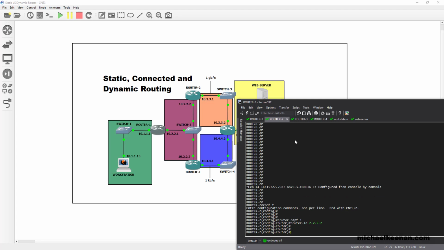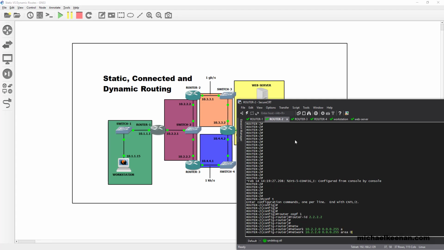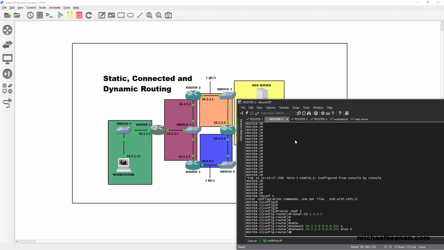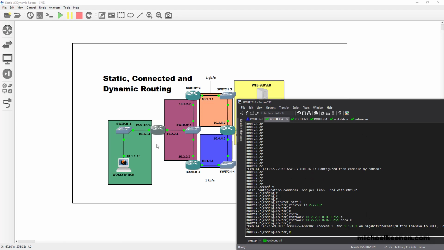We're going to advertise 10.2.2.0, area 0. And when we do this, he's going to form a neighborship adjacency with router 1. See, there he is right there. He's located out of his gigabit Ethernet 0/0 interface.